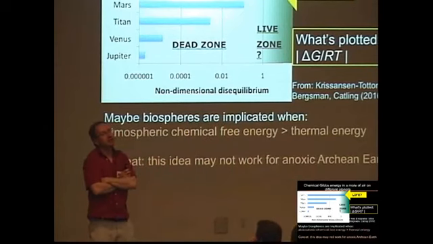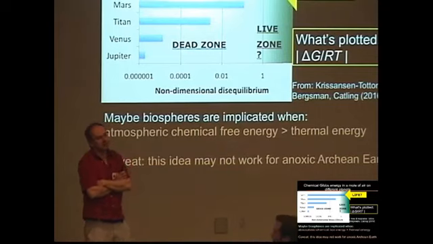Yes, but in that case, the volatile on the surface is not the CO2. You don't even have it on the surface. You just have water. So it's not the same case. So there has to be on the surface the same volatile that's in the atmosphere. That's another aspect of the problem.